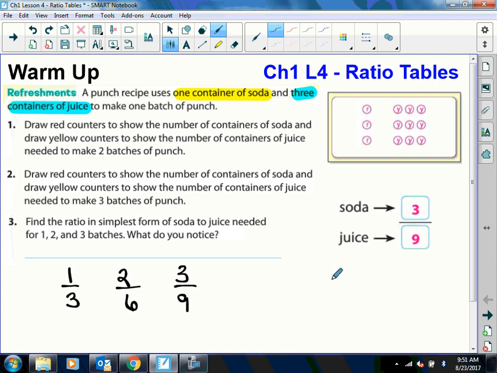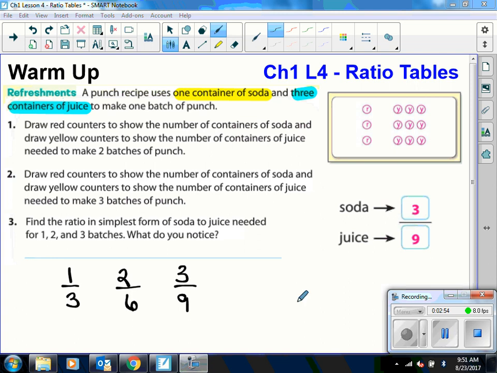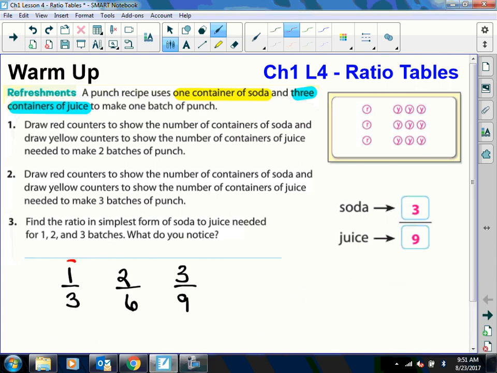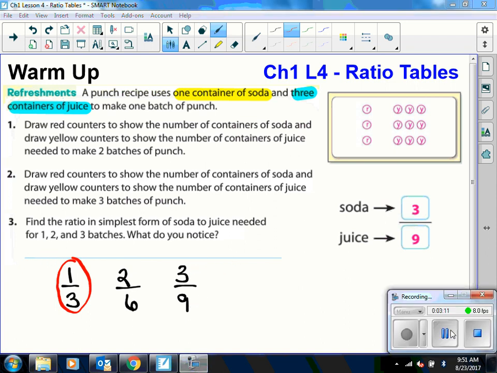But what else more important do you notice there? Good. When you simplify them, they all equal 1/3, right? If we divide this by 2 and divide this by 2, that equals 1/3. Divide this by 3 and this by 3, we end up with 1/3. Is everybody clear?